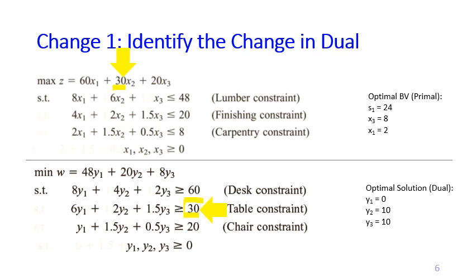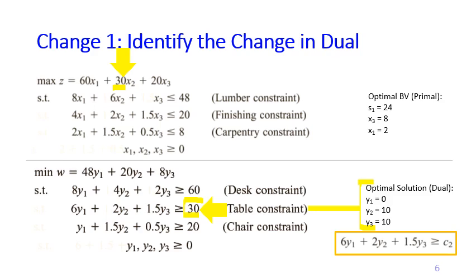It means that when we want to check the feasibility of the dual solution, or the CBVB inverse, the only constraint that we need to check is the table constraint, because the other constraints do not change. So obviously this optimal solution is still feasible for them. We rewrite the table constraint to become: 6y1 + 2y2 + 1.5y3 greater than or equal to C2.